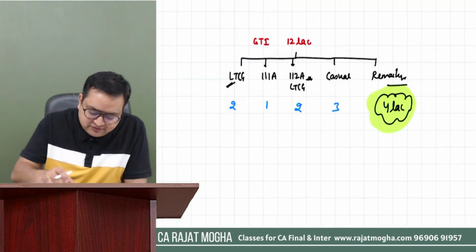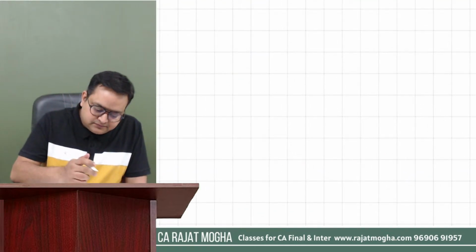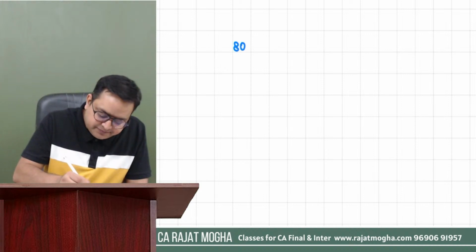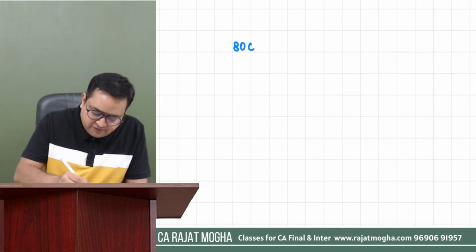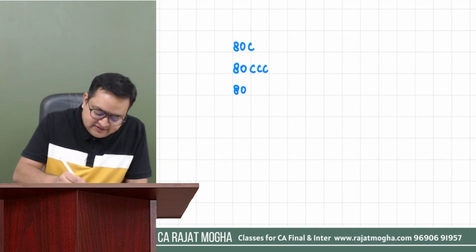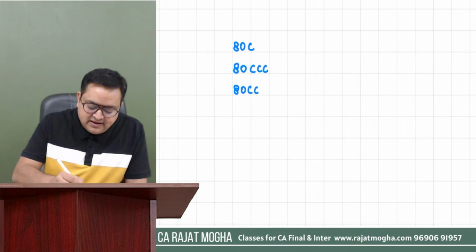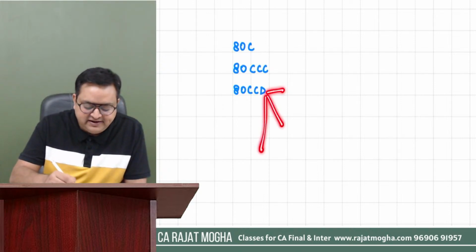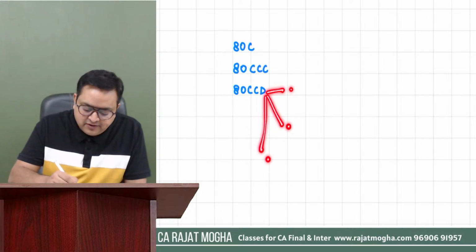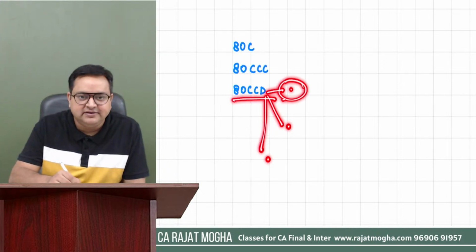Even if you remember this also, right now we are doing section 80C. After a couple of minutes, we will do section 80CCC. And after that, we have section 80CCD. I have just told you that 80CCD has three parts: CCD(1), CCD(1B) and CCD(2). But right now, only the first part is included.